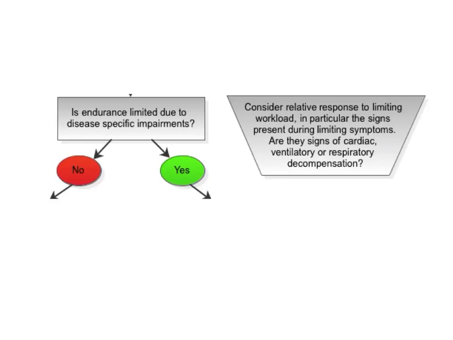And in considering if endurance is limited to disease-specific impairments, we're going to be interested in the relative response to limiting workload. In particular, the signs during limiting symptoms. Are there signs of cardiac, ventilatory, or respiratory decompensation?